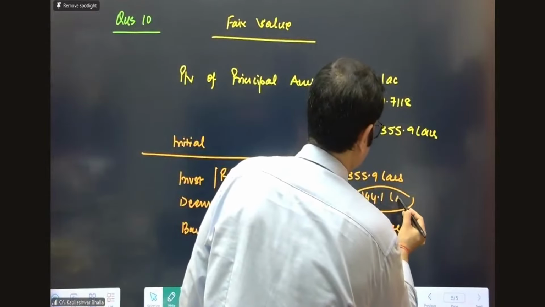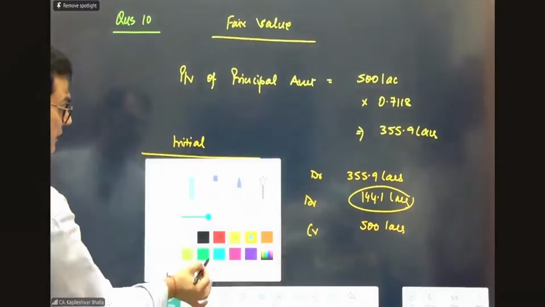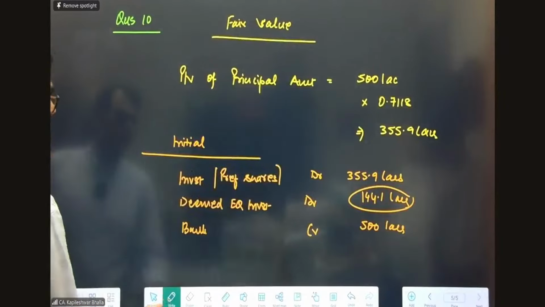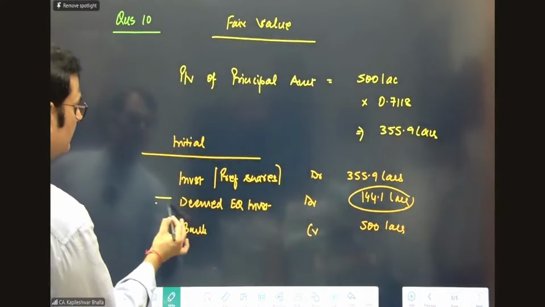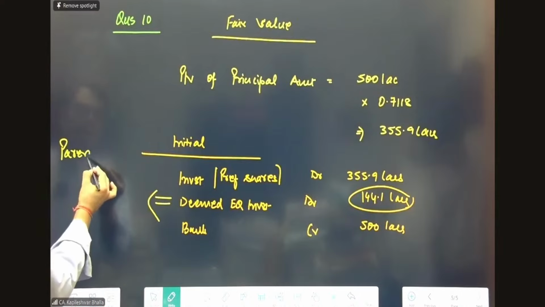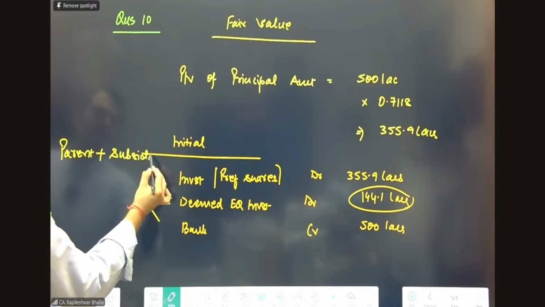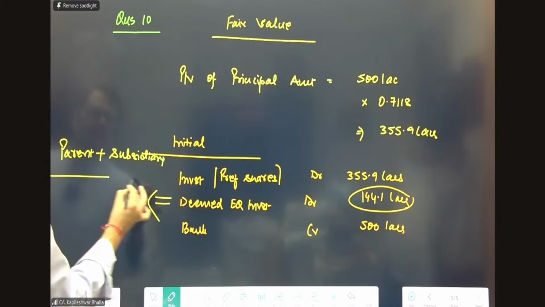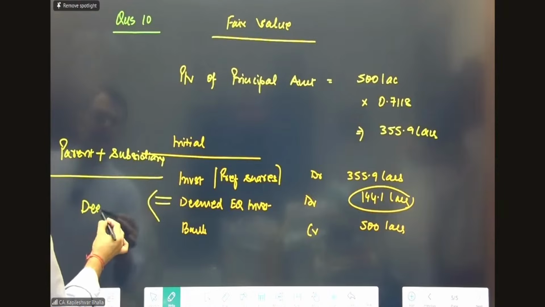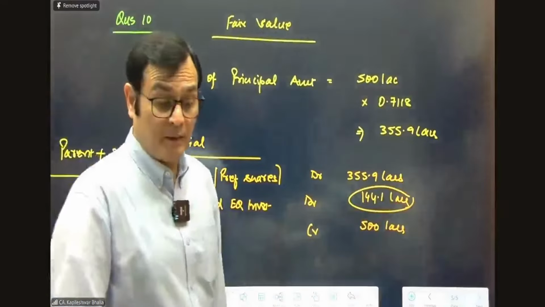144.1 lakhs. So I think it's again worth making a mention out here, looking at the kind of relationship. We can make a mention that this deemed equity investment is attributed to the parent and subsidiary relationship. In a parent-subsidiary relationship, this is considered a deemed equity investment because you are making an investment and you're not going to get some amount back.